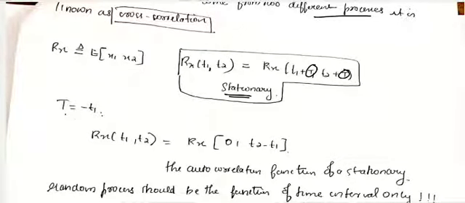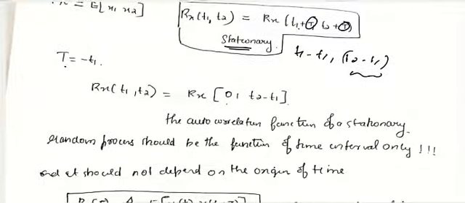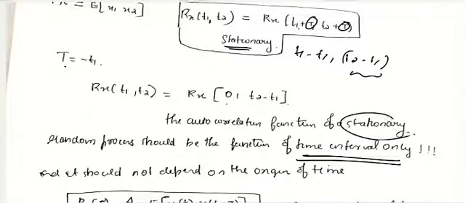If capital T is equal to minus t1, what happens? Rx of t1 minus t1, t2 minus t1, because we have to take the time interval here. So now Rx of 0 comma t2 minus t1. So the autocorrelation function of a stationary random process should be a function of the time interval only, because it is a stationary random process.